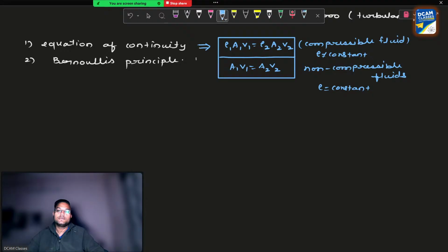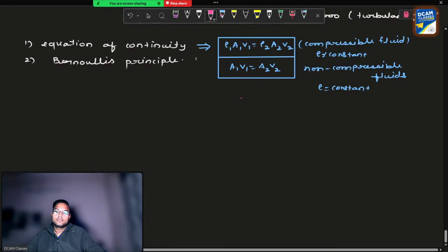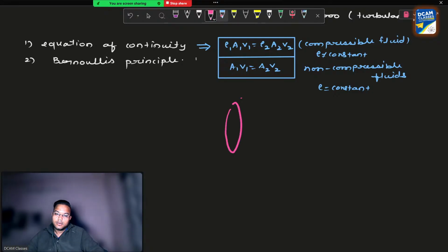This is the equation of continuity. Where what is A1? If I have drawn this kind of cross section, the cross section area is A1.